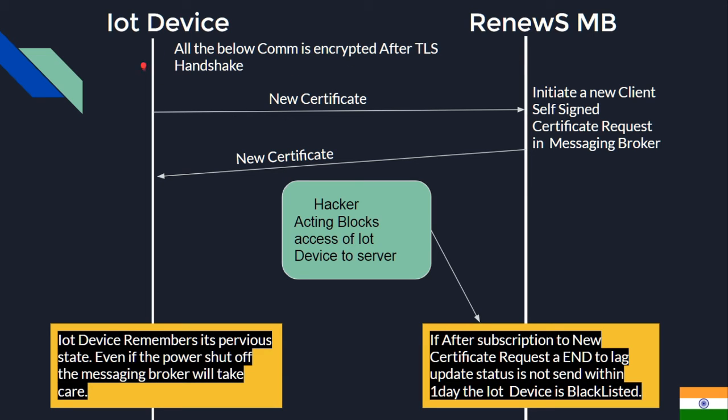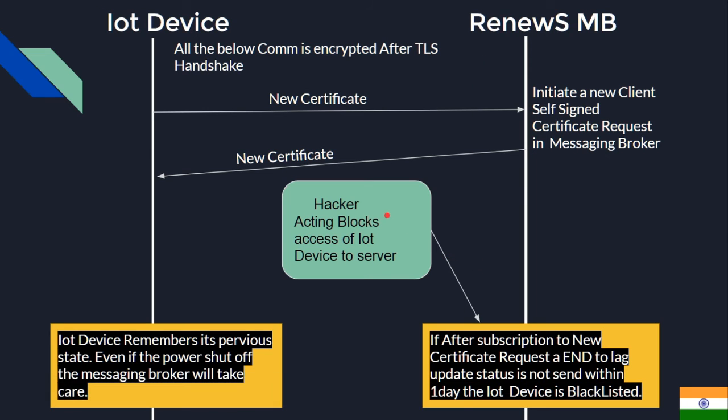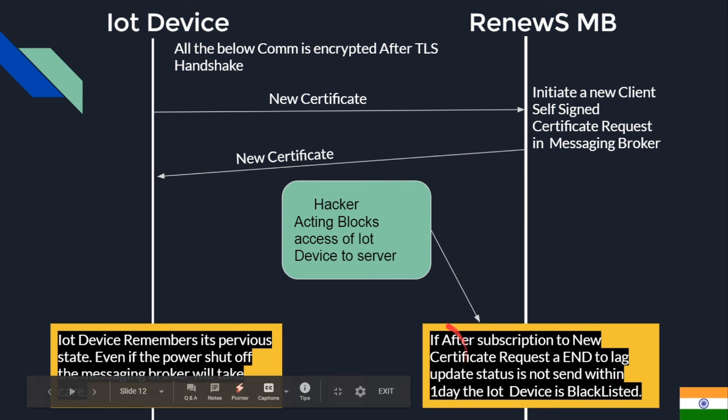Now, if it does not send a request to the main server, then we are pretty much sure that a hacker has looked into the protocol over here. And so we will change the whole scenario over here. If it didn't happen, it will blacklist and it will raise an alert on the system.